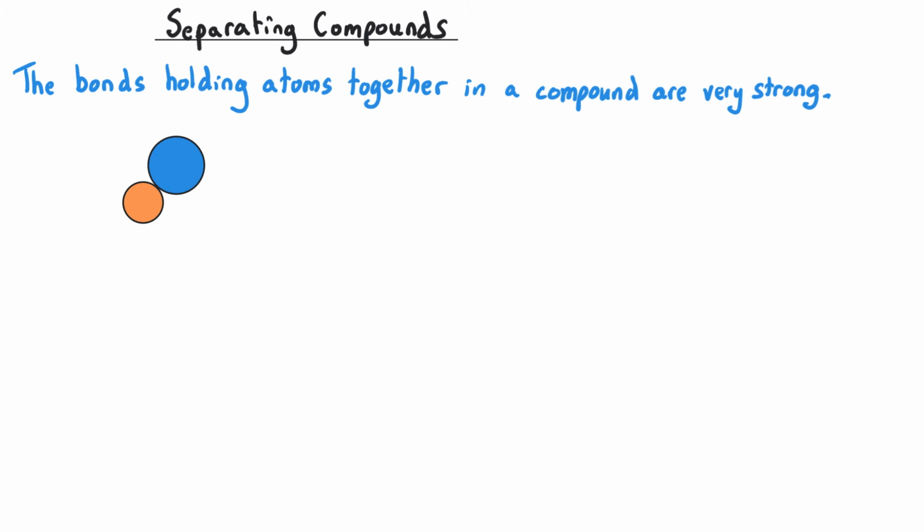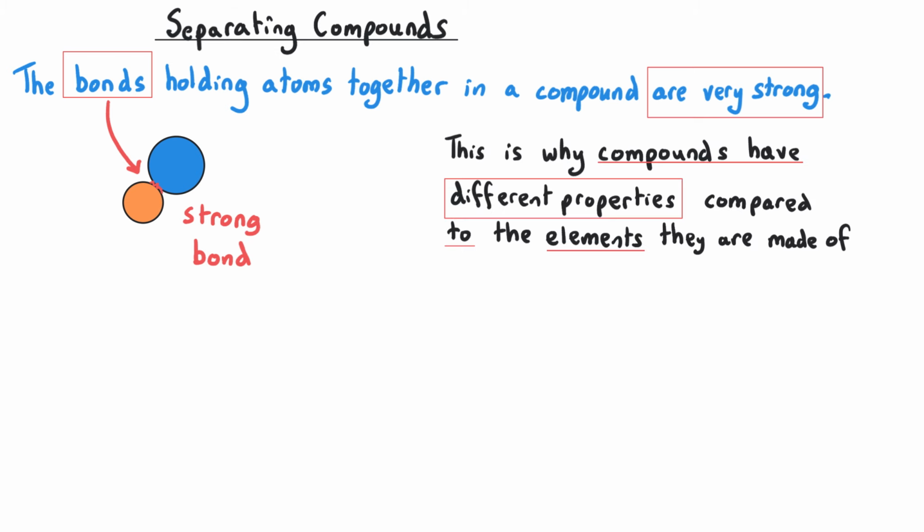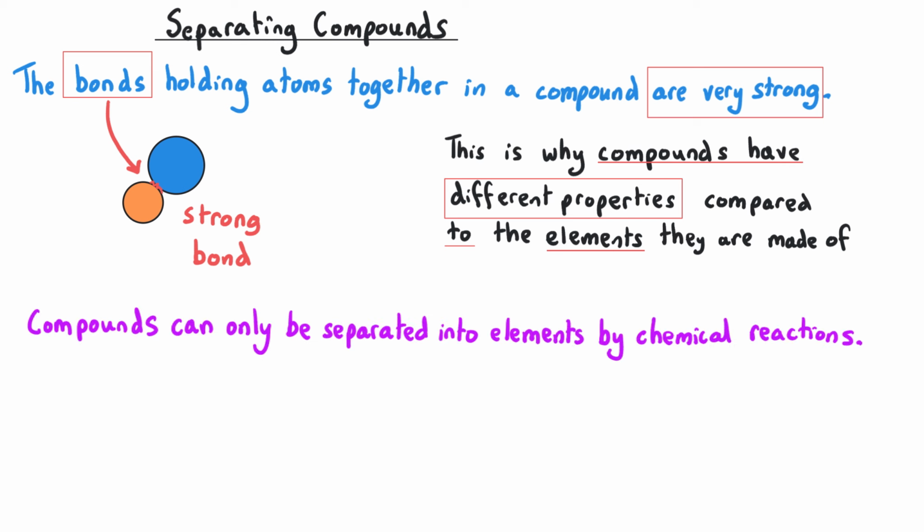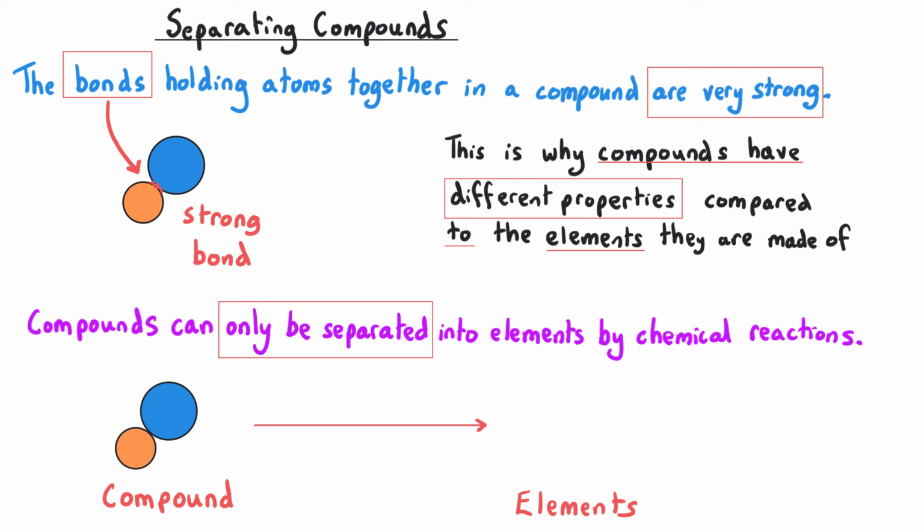The bonds that hold atoms together in a compound are very strong, and that's something that influences the properties that different compounds can have. Another feature of this is that compounds can only be separated out into their component elements by chemical reactions.